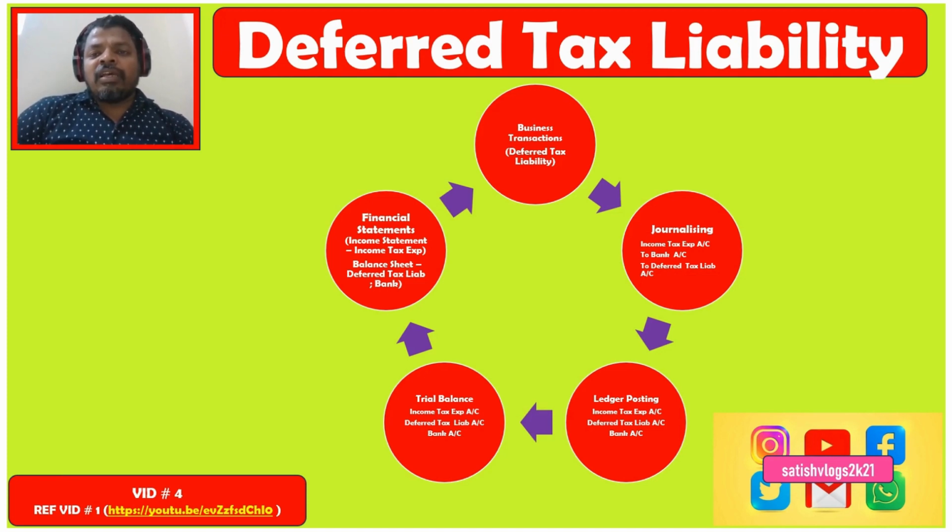So which means my taxable income would be at the lower end when compared with the profits which are being computed as per book profits. So if my taxable income would be at the lower side, normally my tax would be at the lower side when compared with the tax which has been computed as per book profits, right?